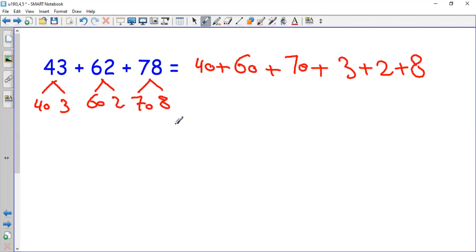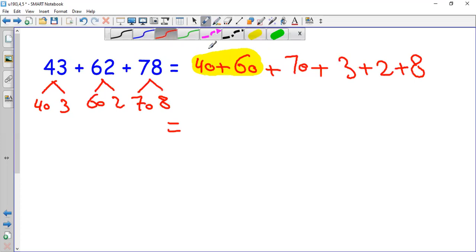Now I will start finding the total of tens and the total of ones. But if I look carefully here, I have 40 and 60, and I know that 40 and 60 make 100. This will make my task easier if I look for pairs of 10 or pairs of 100.